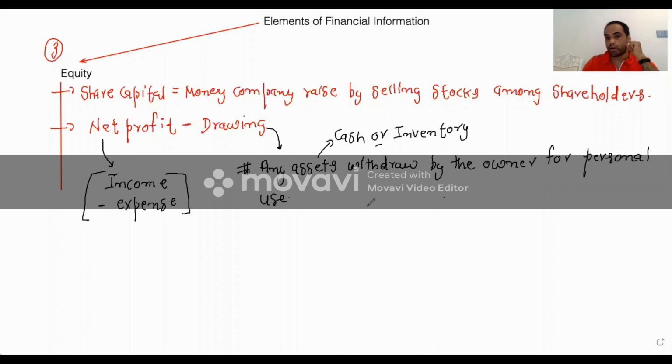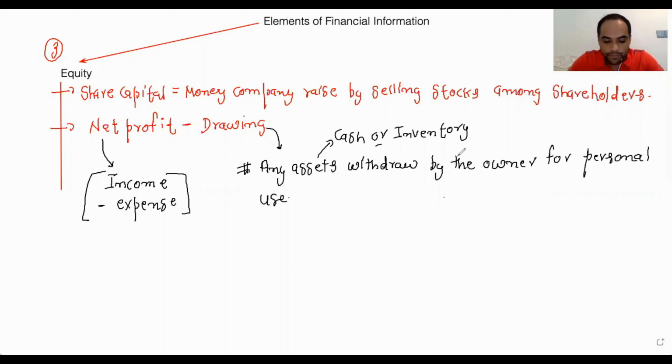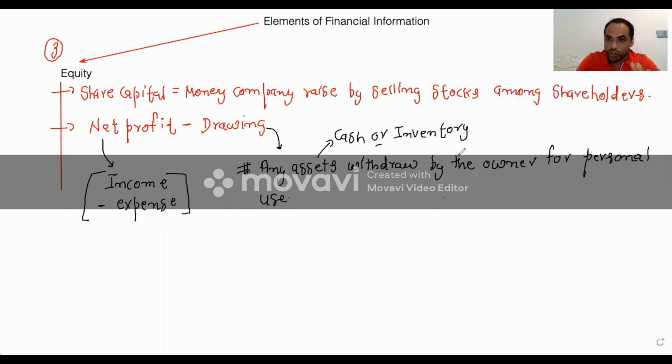That's called drawing. For example, my company produced this pen. So I'm the owner of the company. If I take this pen from the company for my personal purpose, that's called drawing. And drawing reduces your net profit.